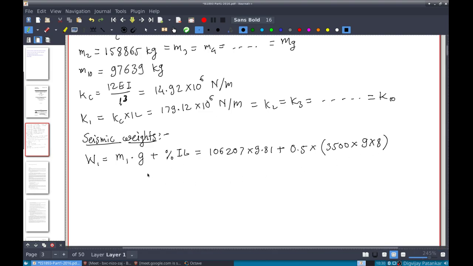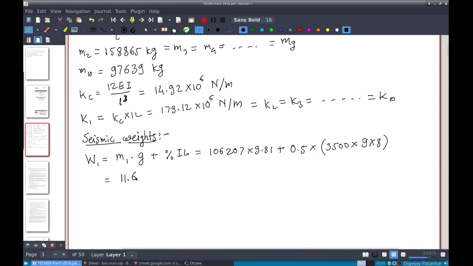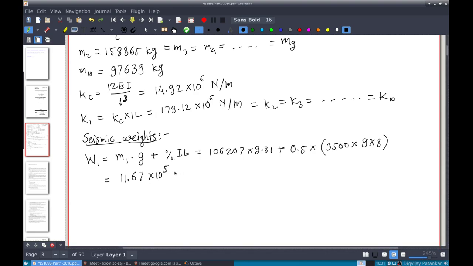So how much is it? 11.67 into 10 to the power 5. You should tell me the units. Newton.